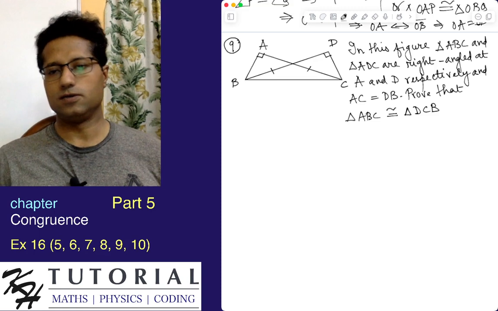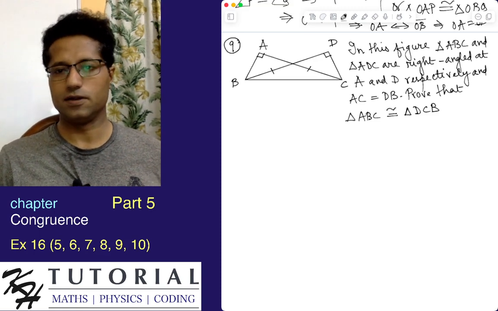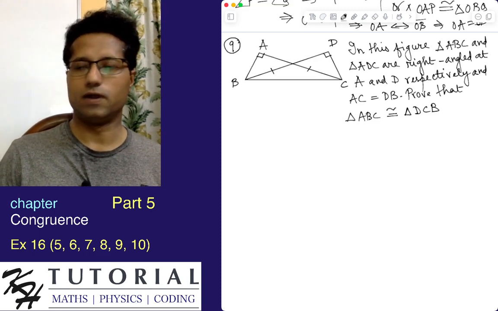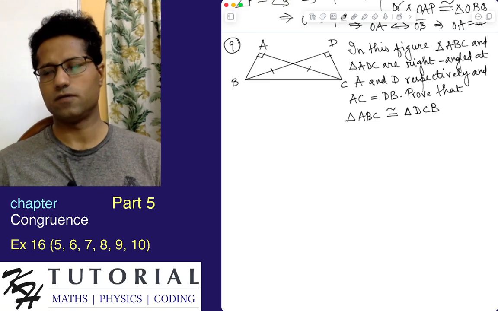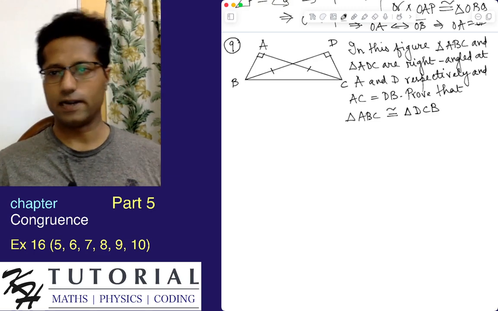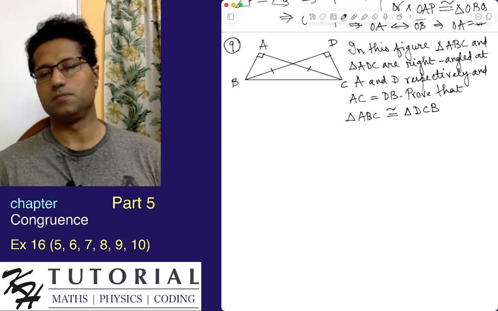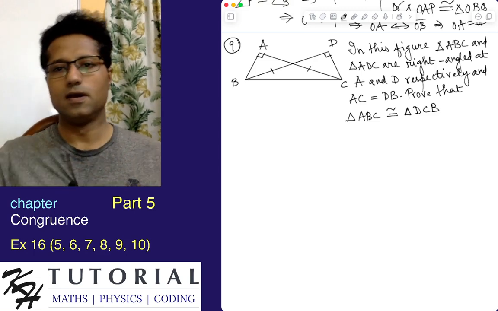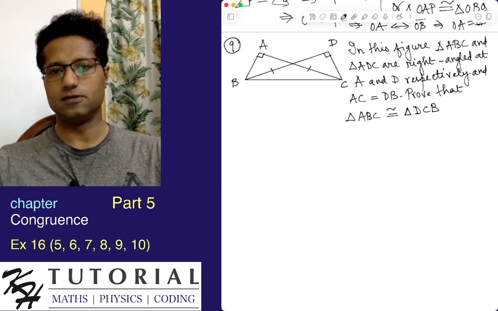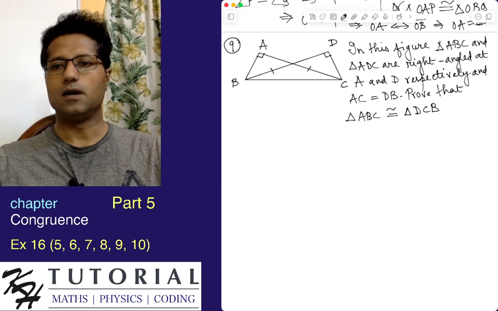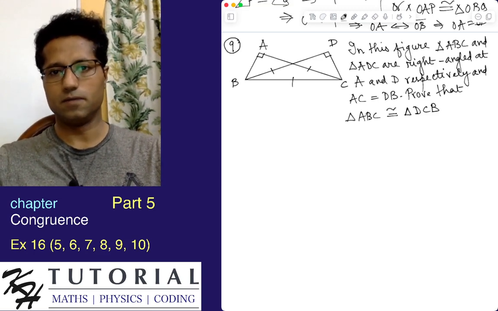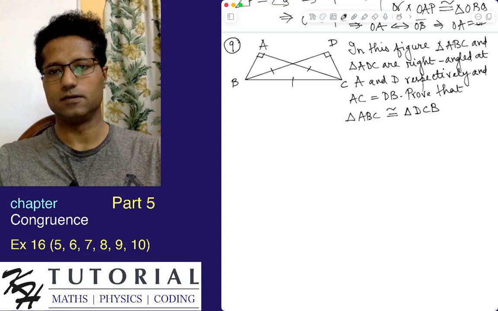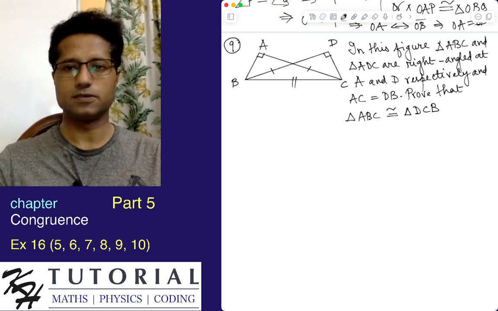As you know, RHS stands for one right angle, which of course will be the same since both triangles are right angled, the hypotenuse should be the same, and one arm should be the same. In triangles ABC and DCB, the common side is the hypotenuse of both triangles.